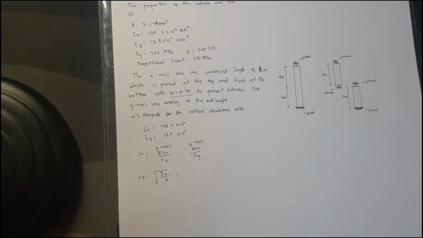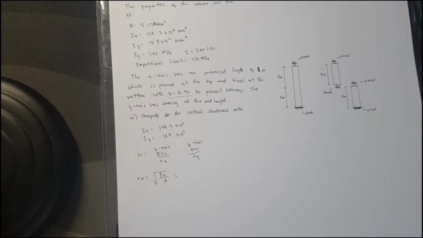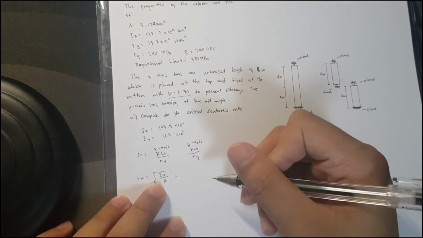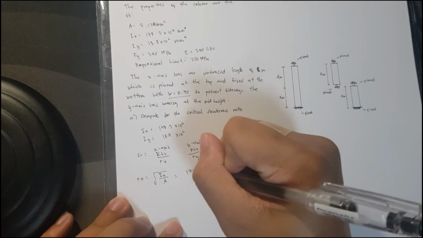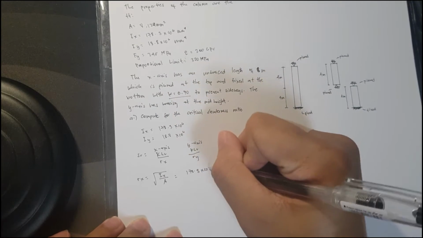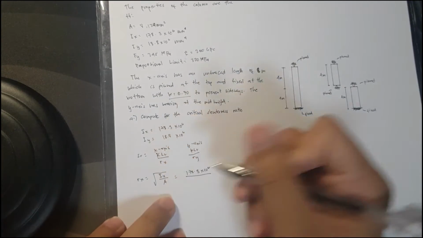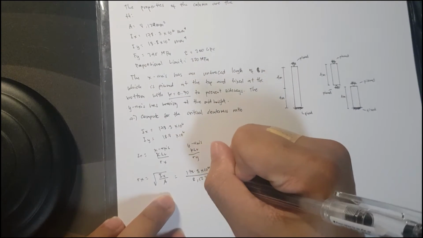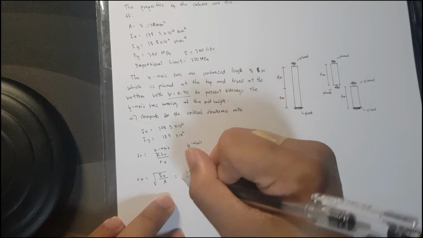Para makompute natin siya, Ix niya, or yung moment of inertia with respect to x natin, is 178.3 times 10 raised to 6 all over yung area natin. Ano yung area natin? 8,129, square root natin.